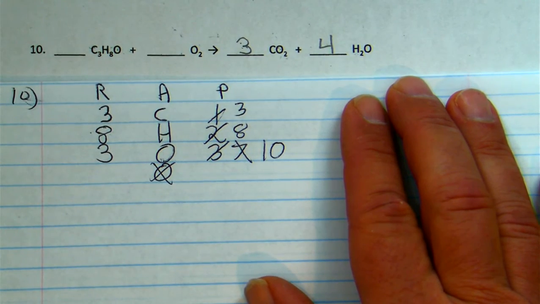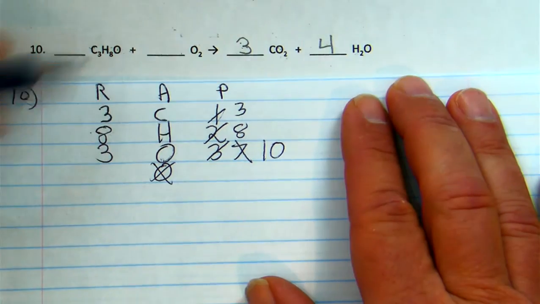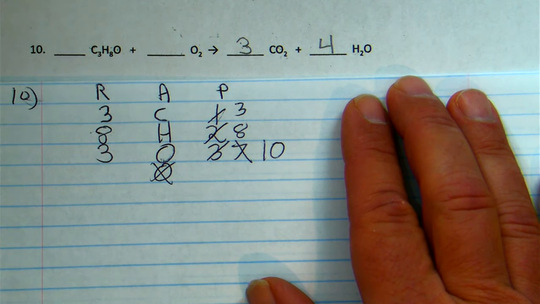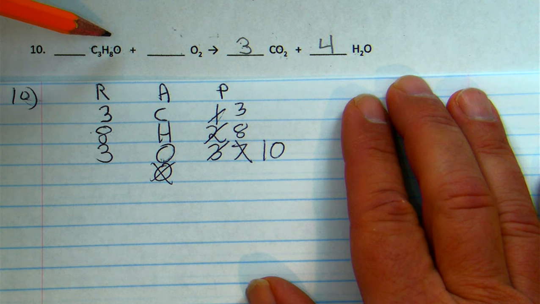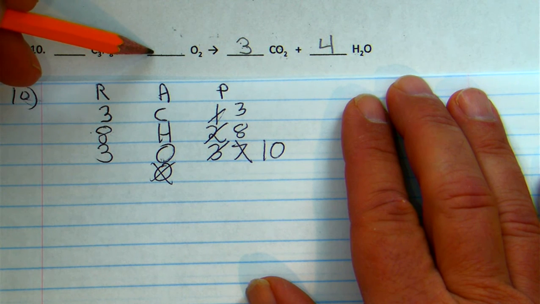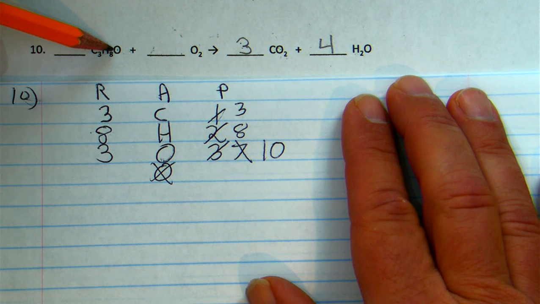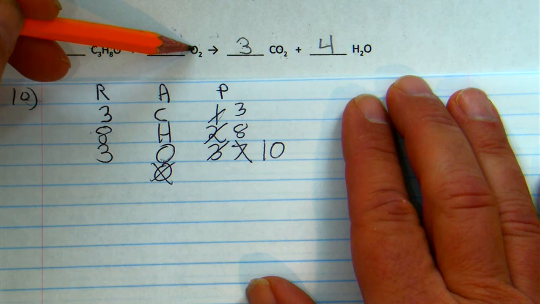Now, I can already tell you I'm going to have to go higher with everything, just because. Okay, if I try to increase the oxygens right now, I'm going to still end up with an odd number, because 1 plus an even number is an odd number.